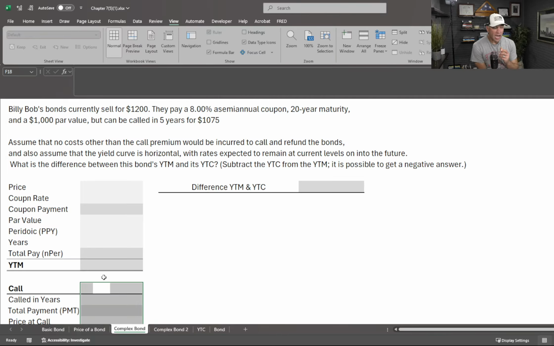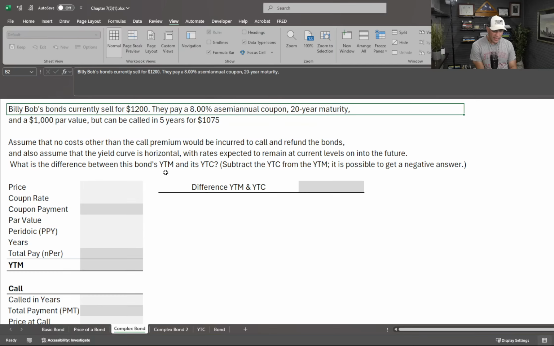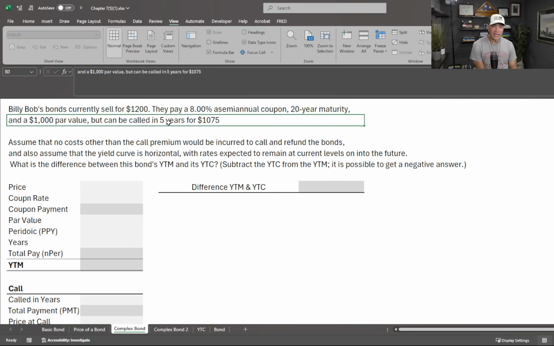A call is an option that the one who issued the bond, the company, the Billy Bobs, could end the contract with you sooner. They can call it within 5 years instead of the full 20. Why would they do that? Well, things changed in the market.